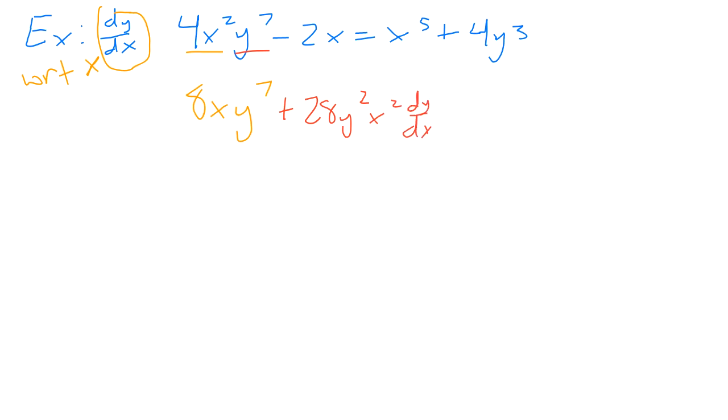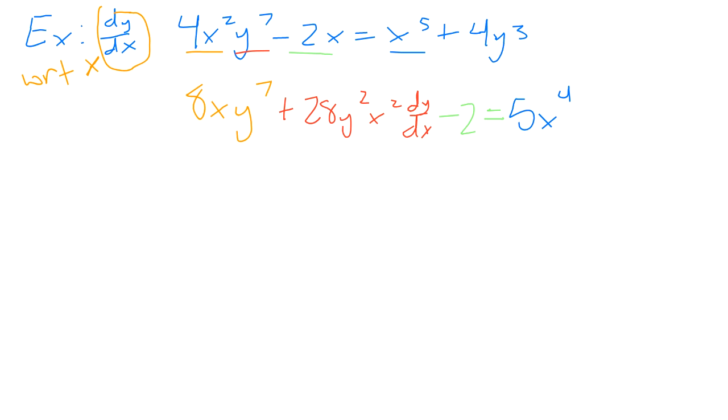And then we have a minus 2x, so that's just going to be a minus 2, which is going to be equal to, and then we have an x to the 5th right here, which is going to simply go down to 5x to the 4th.